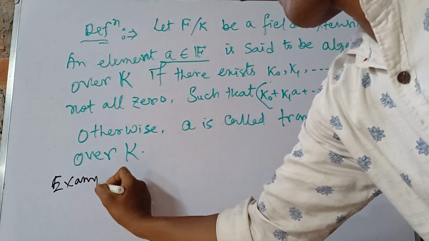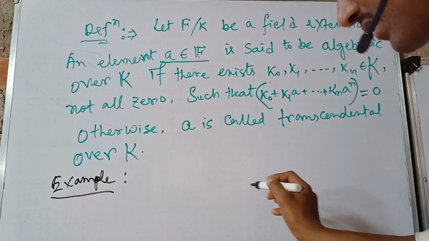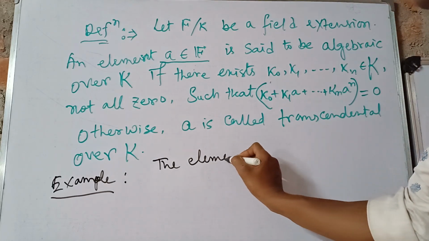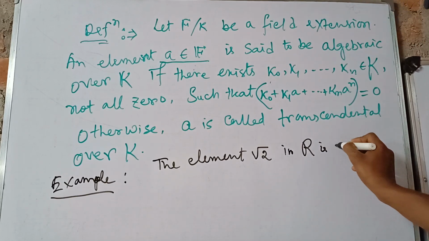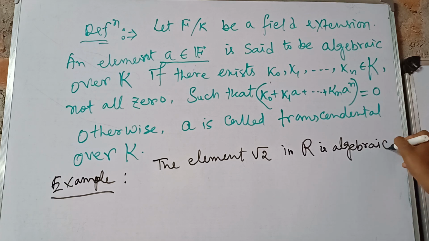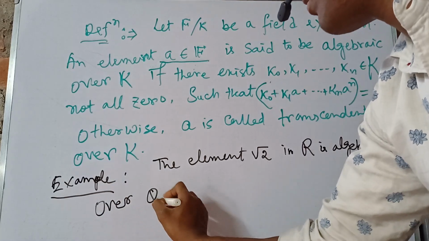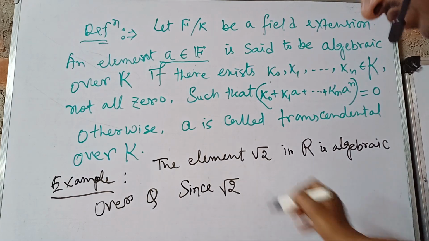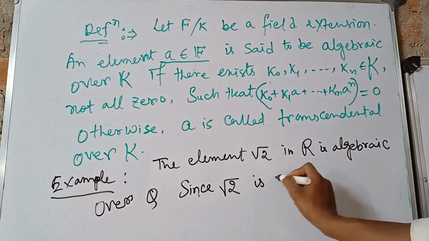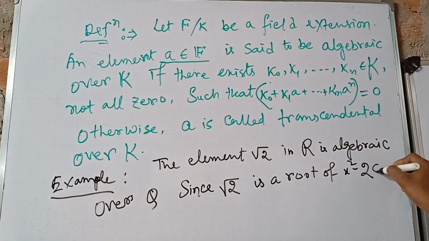Example: the element root 2 in R is algebraic over Q, since root 2 is a root of x squared minus 2, which belongs to Q[x].